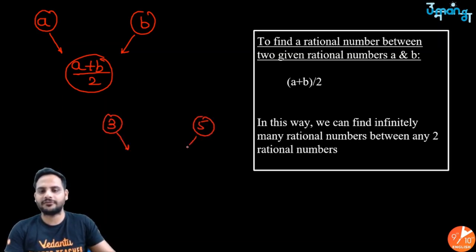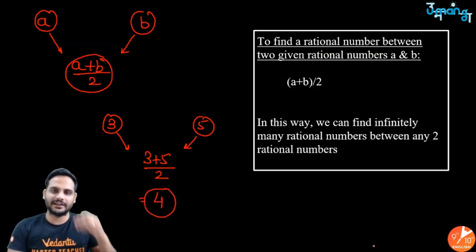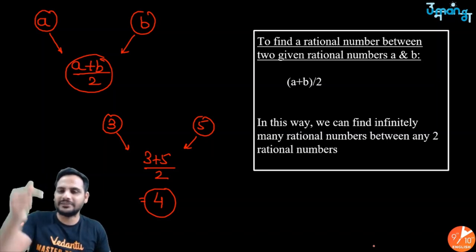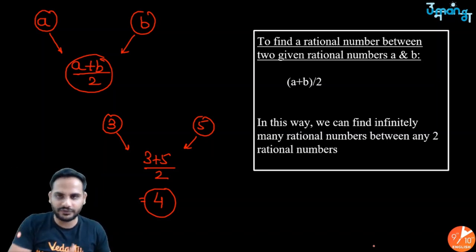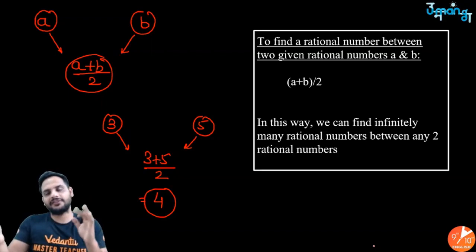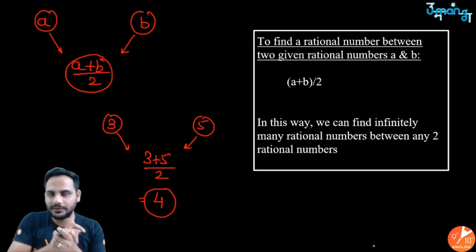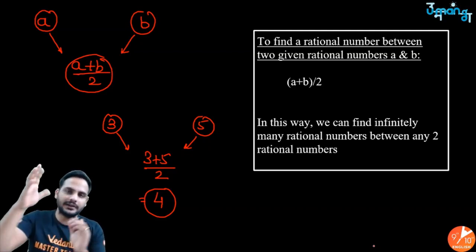Between 3 and 5, 3 plus 5 divided by 2 is 8 by 2, which is 4. So exactly between 3 and 5 there lies 4. To find any one number in the middle, A plus B by 2 is the correct way. But I am going to teach you a very good method after that.